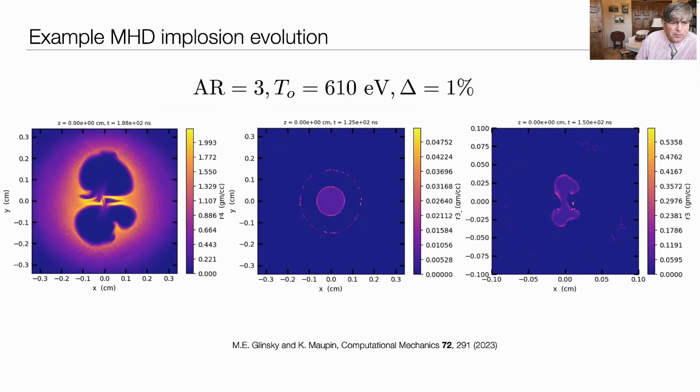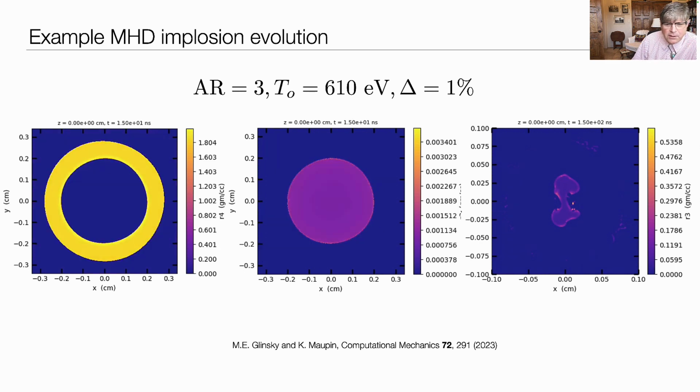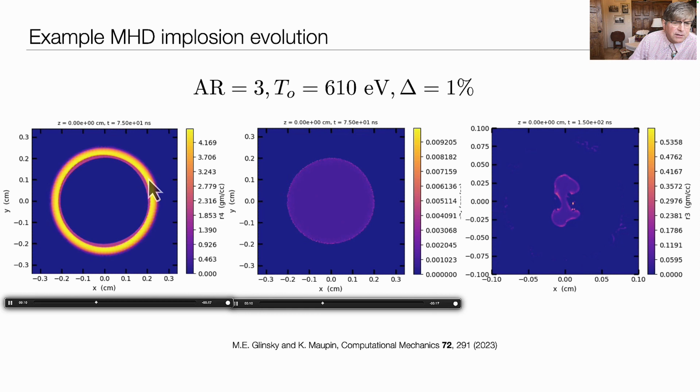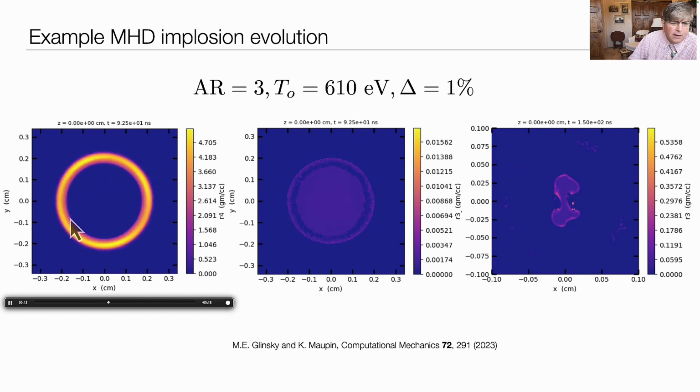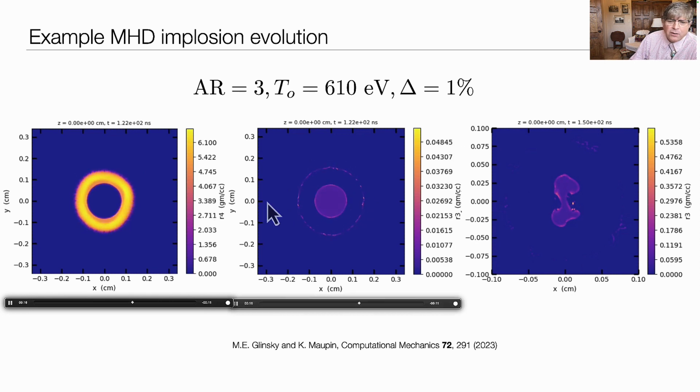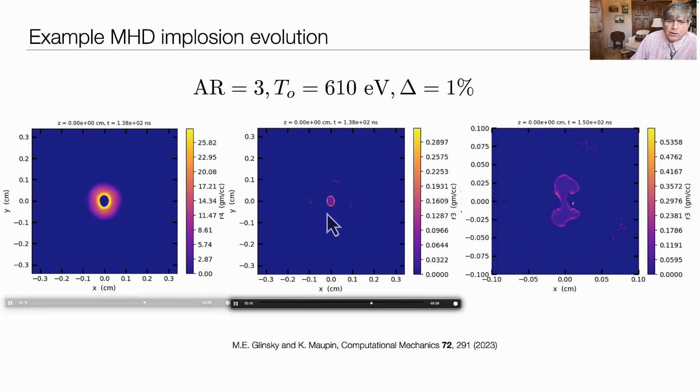Here is an example of the evolution of the liner density and the gas density as a function of time. You see the initial shock coming from the initial application of the current that goes into and out of the liner. You now see the implosion of the gas, and now you see the implosion of the liner, which is approximately spherical.